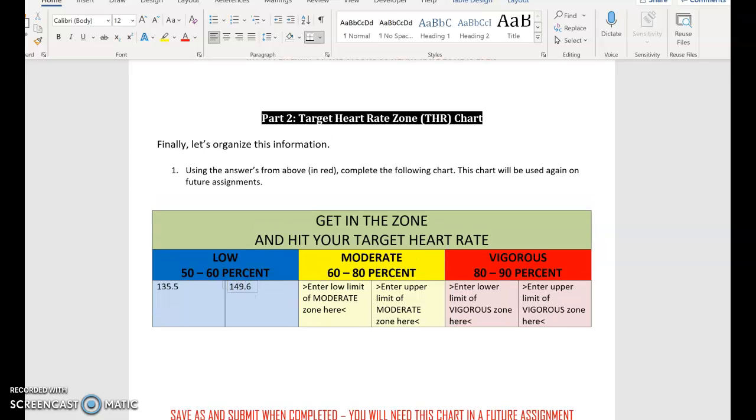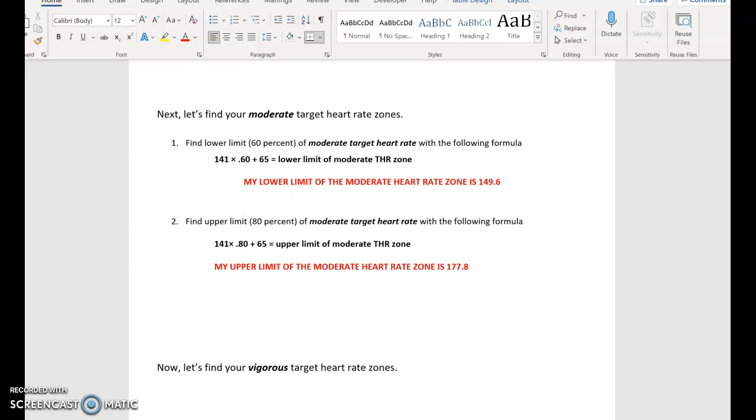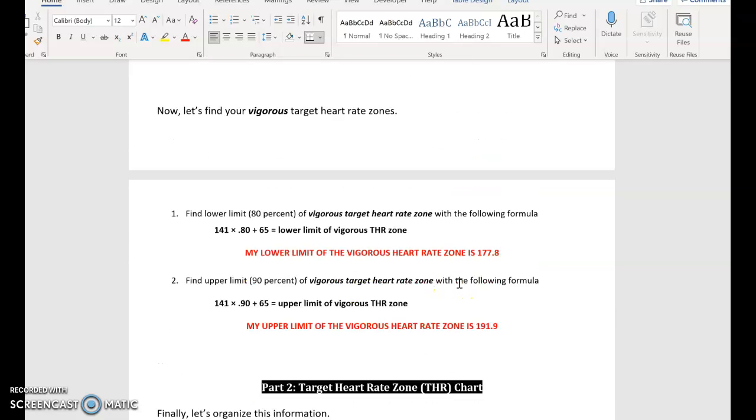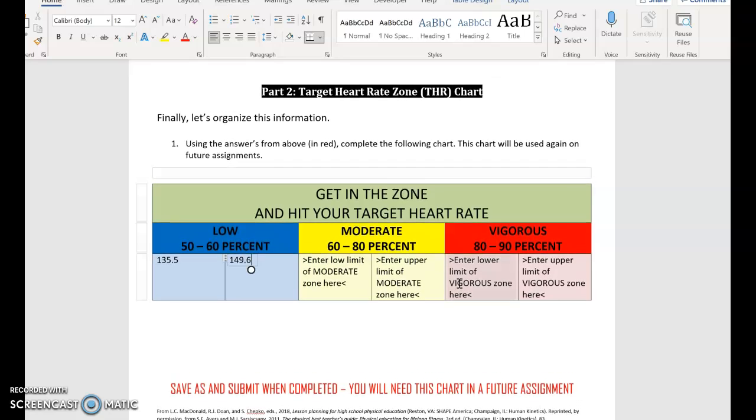Now to copy down the moderate, we're going to go to where it said, let's find your moderate target heart rate zone. We have 149.6 to 177.8. So going back down, I'm going to 177.8 so I don't forget. And then the low is going to be the same as the high on the other side, 149.6 to 177.8.